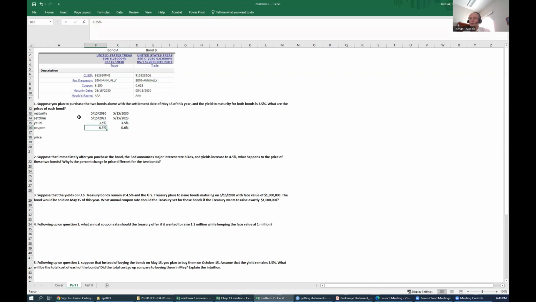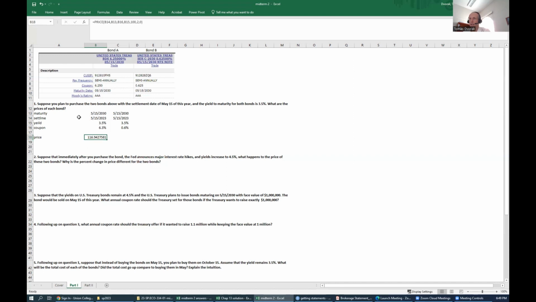That's fine. Okay, and now let's calculate price. Settlement date is this, maturity date is this, rate is the coupon, yield is the yield, redemption, let's do 100, frequency 2, basis 0.